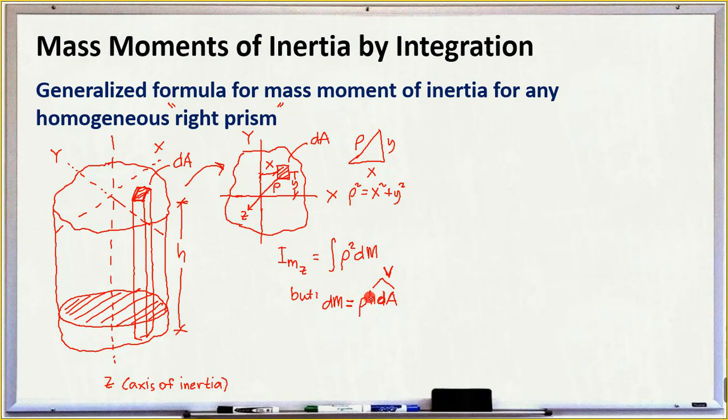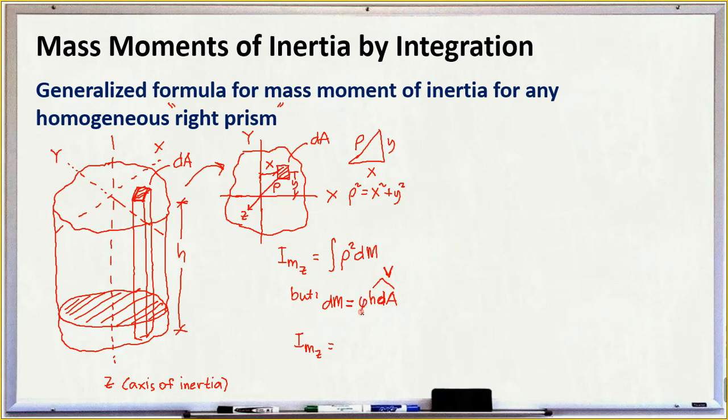So let's plug this into our integral equation. I_z is equal to the integral. In order for us to avoid confusion, because we already use rho for the distance, let's use gamma, and gamma again is used to represent the density of this object.